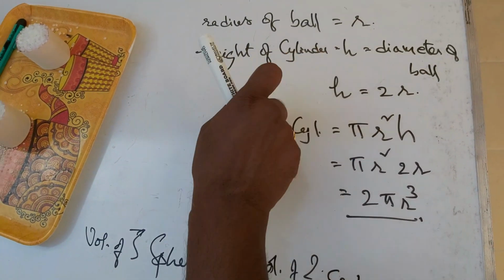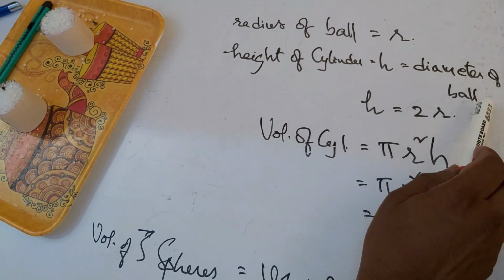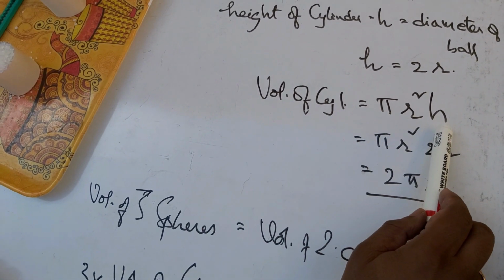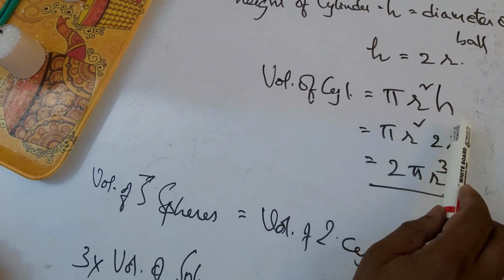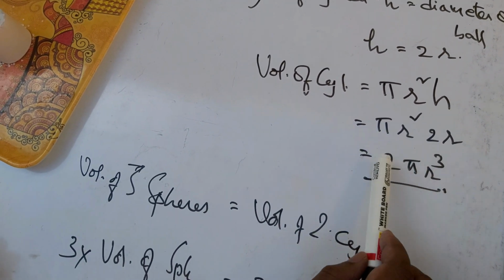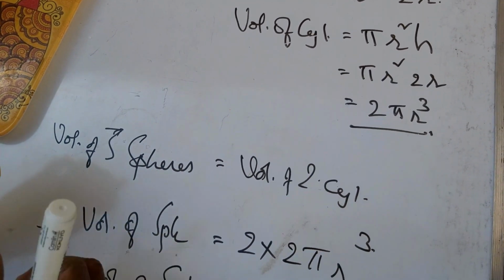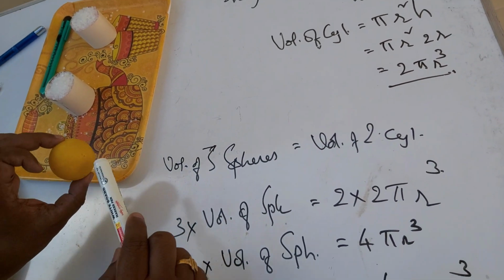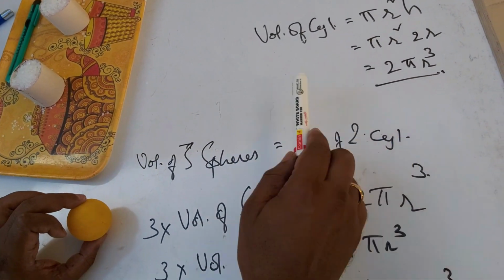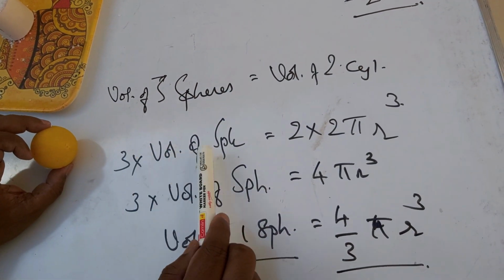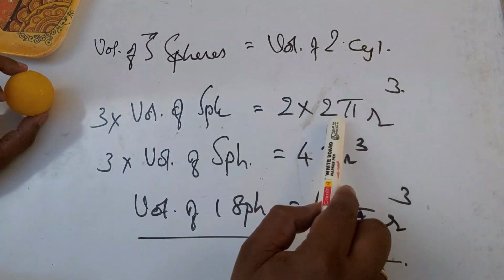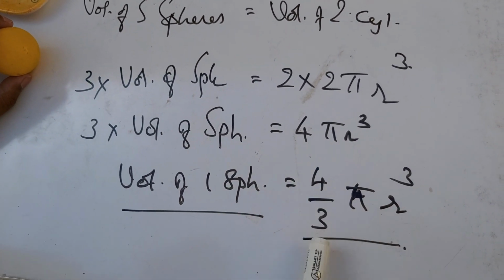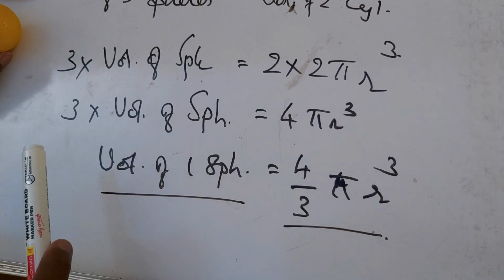So the radius of the ball is r, and the height of the cylinder h is equal to the diameter, that is h is equal to 2r. The volume of a cylinder is pi r square h, so in place of h you put 2r, and it becomes 2 pi r cube. With these three spheres, these two cylinders are filled. So the volume of these three spheres is equal to the volume of these two cylinders. So 3 into volume of sphere is equal to 2 into 2 pi r cube, which is 4 pi r cube. Volume of sphere is equal to 4 over 3 pi r cube. Thank you.